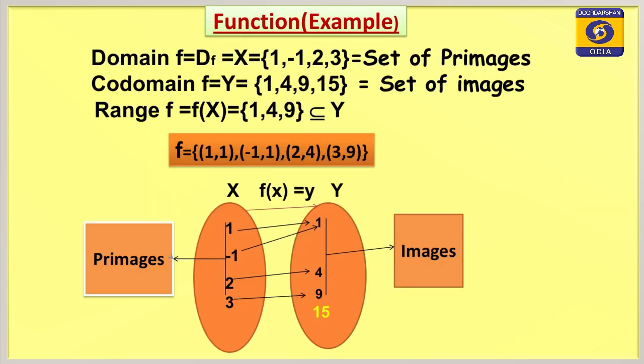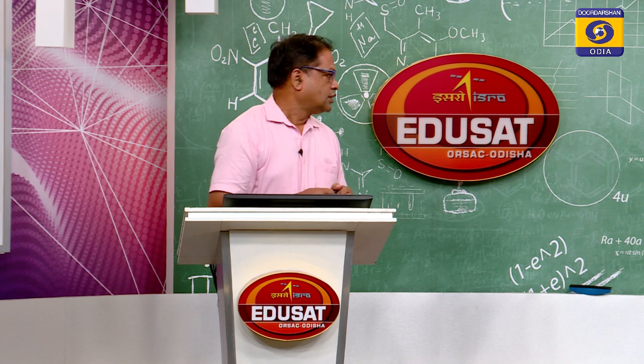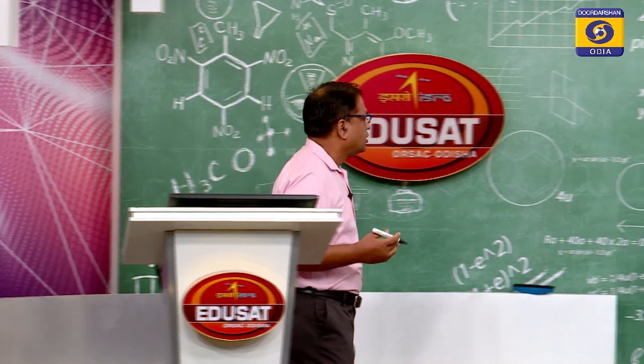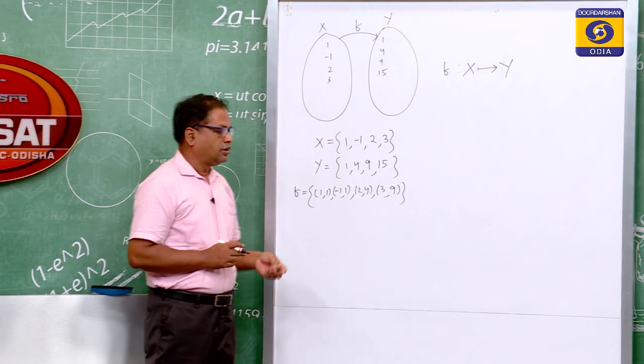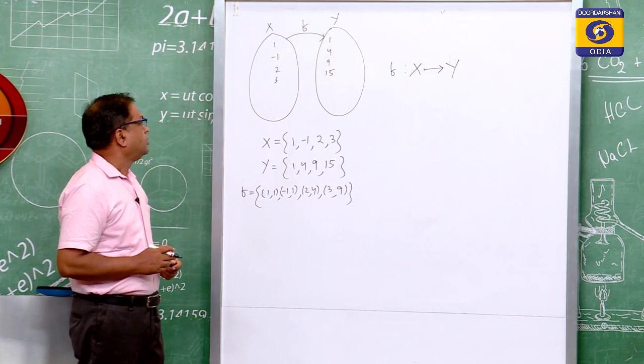Now, domain and codomain may be any type of subset of R, but we generally deal with real functions. Now, this is an example of a function from X to Y, and in the domain set there are 4 elements 1, -1, 2, 3, and in the codomain 1, 4, 9, 15. F is a function. Now, we use the blackboard. X is equal to {1, -1, 2, 3}, Y is equal to {1, 4, 9, 15}.